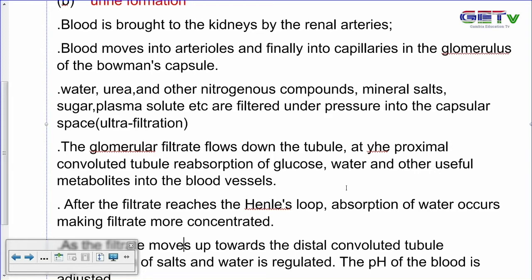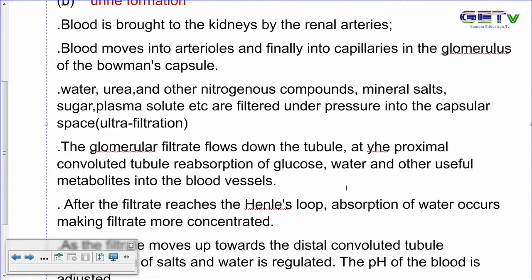This blood moves into the arterioles and finally into the capillaries of the glomerulus. In the glomerulus, there are a lot of cells that serve as a sieve, and we call them the podocyte cells. They help to filter when the blood comes from the renal artery to the glomerulus.